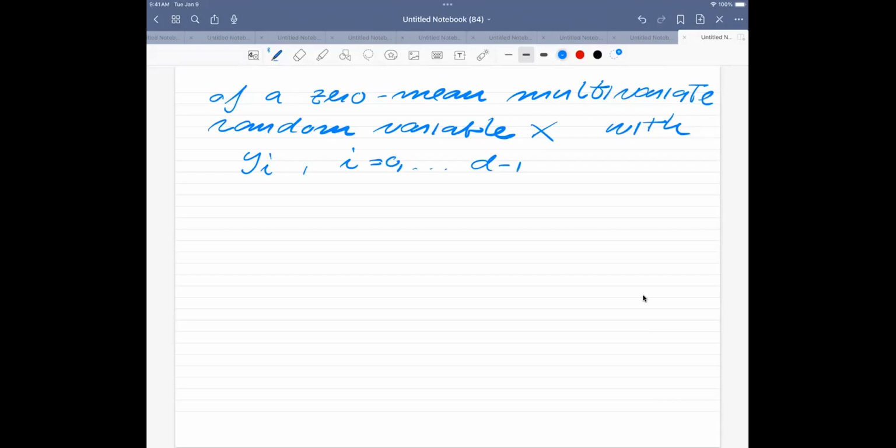And then this Y of i is just given by this vector U of i transposed times the original vector, where these U of i, with i equals 0 up to D minus 1, are orthogonal or orthonormal vectors.